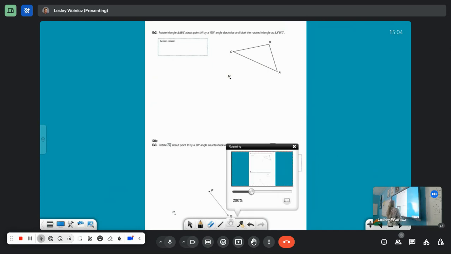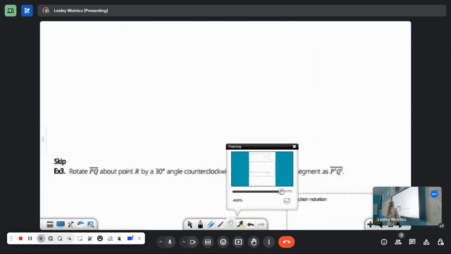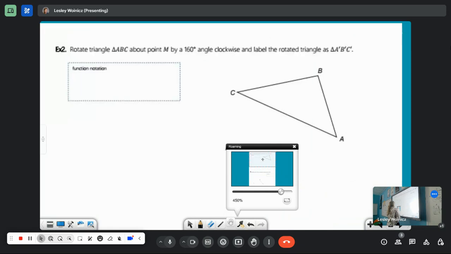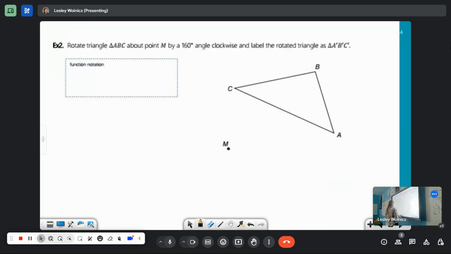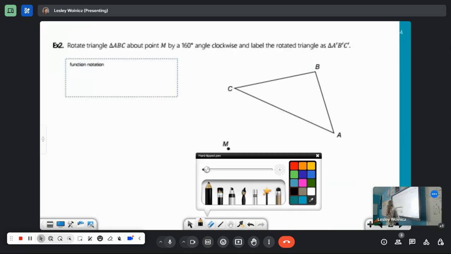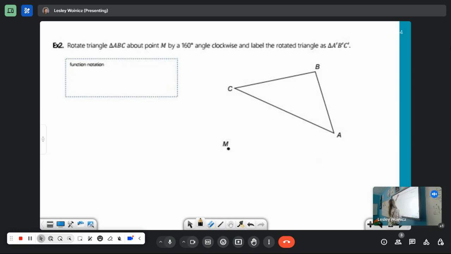This time, guys, we are going to go clockwise. So if counterclockwise is the positive direction, clockwise is the negative direction. So instead of being positive 160 degrees, this will be negative 160 degrees.